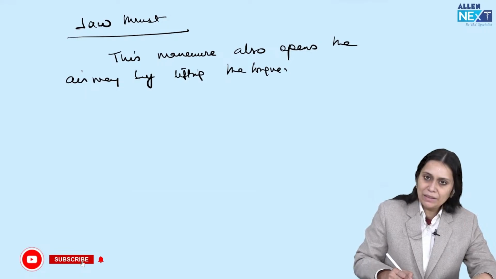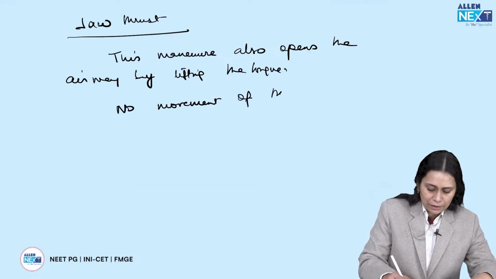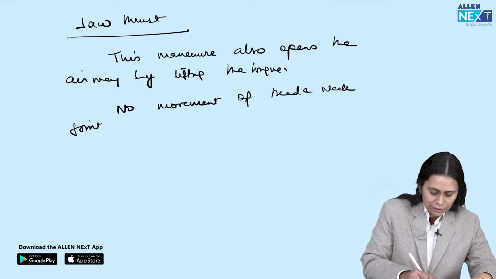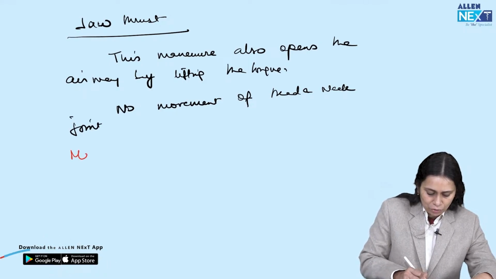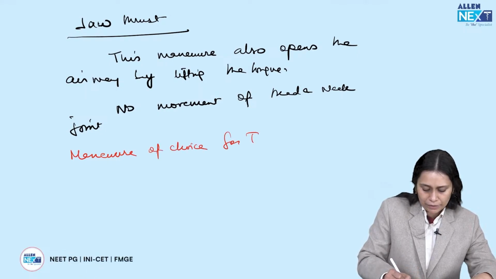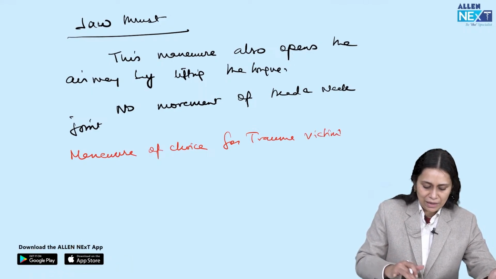What is the benefit? No movement of head and neck joint. So when there is no movement of head and neck joint, this is the maneuver of choice for trauma victim. Okay. Remember this. So this was head tilt and chin lift.